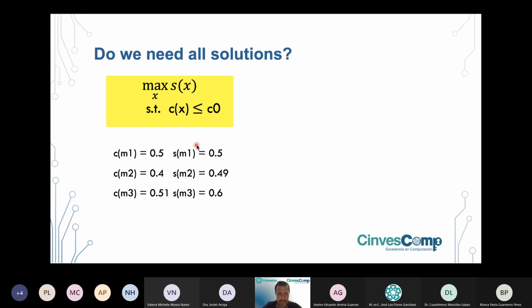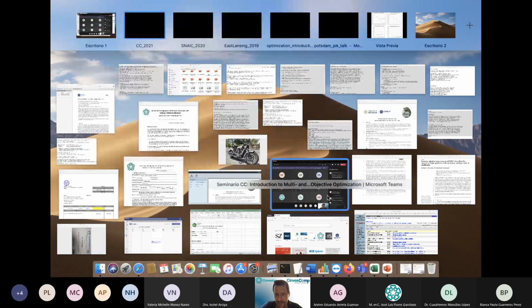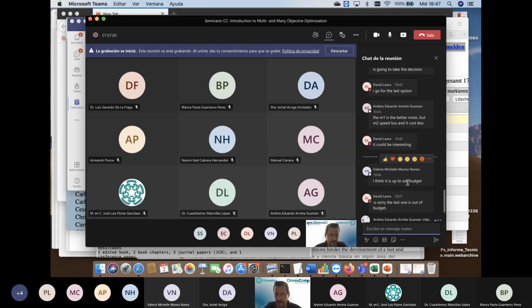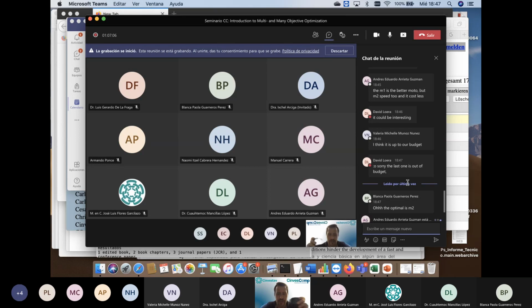So the question, this is what I want to solve, I mean, the optimization problem. The last one is out of budget. Optimal is M2.